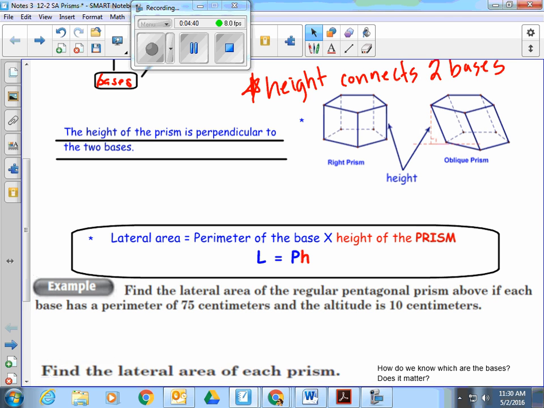So on this shape right here, the triangles are my bases, right? So for lateral, I just want the area of the three rectangles. I don't want the area of the triangles. So lateral is everything except for the bases. But there's a formula.